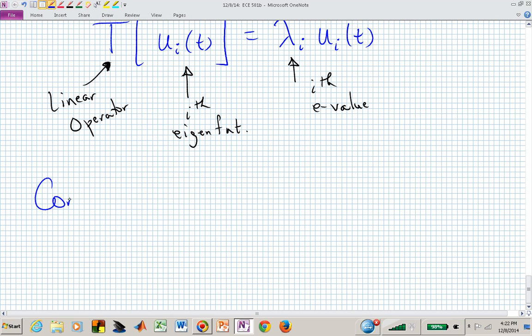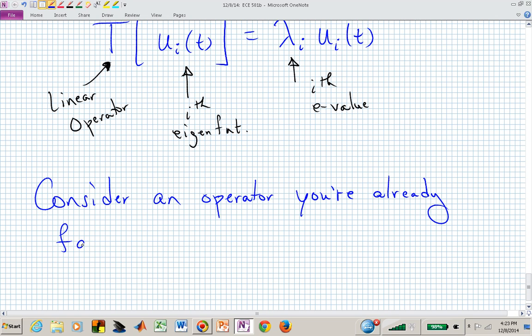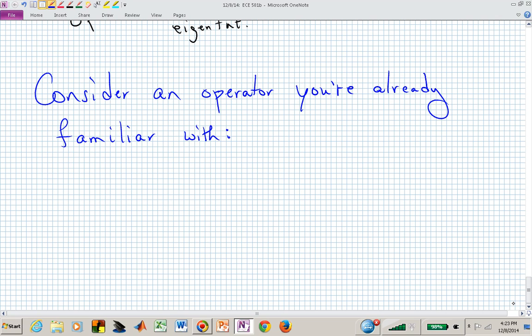Let's now consider an operator you're already familiar with, and let's restrict our discussion to a linear time invariant system.